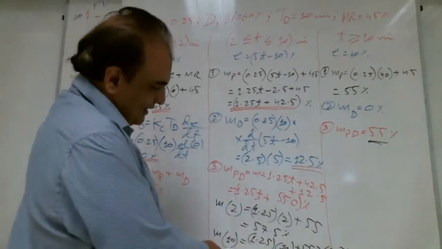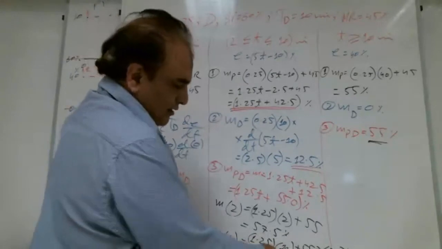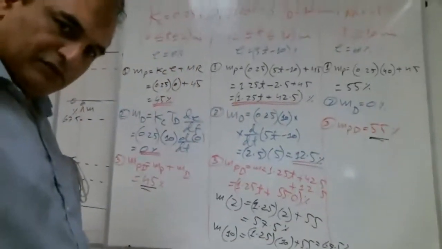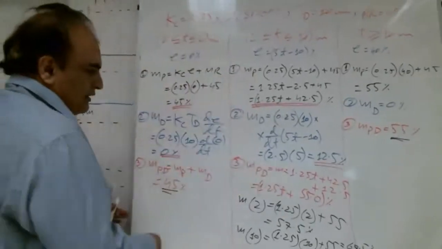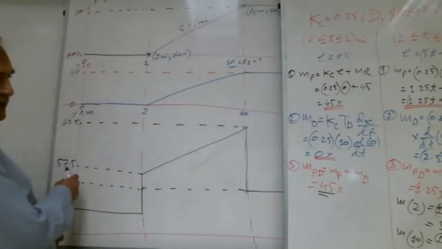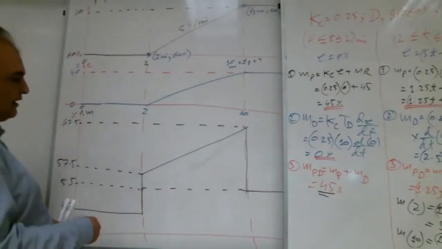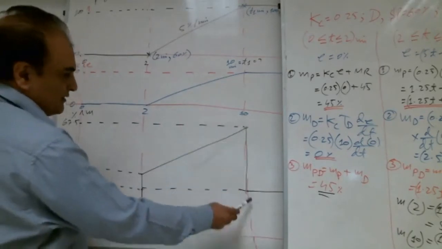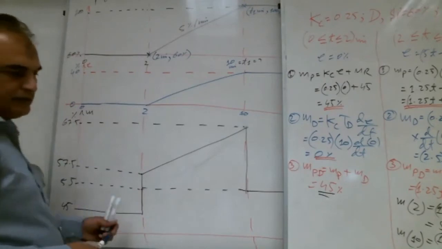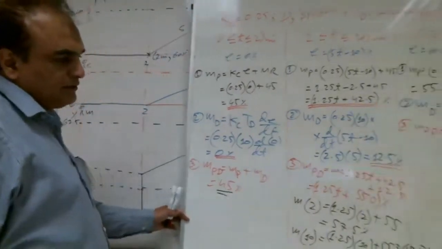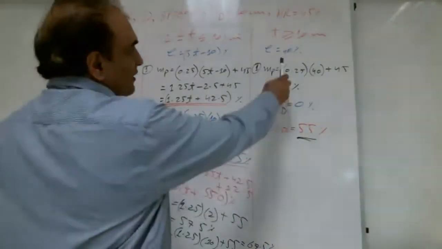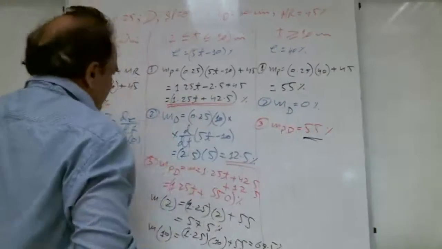And then we put the 10, 1.25 into 10 plus 55, 67.5. Like this. Okay. So what we do, we take the output to the 57.5, right? This one, and then at 10 minutes, it becomes 67.5. Right, Shabab? Do you agree with me? Yes, teacher.